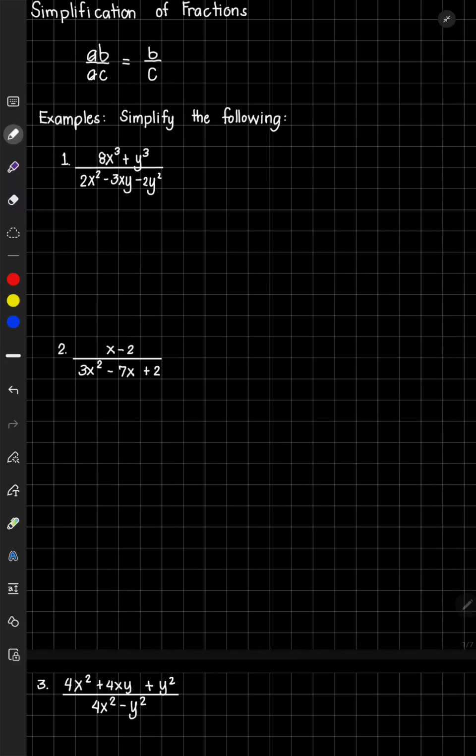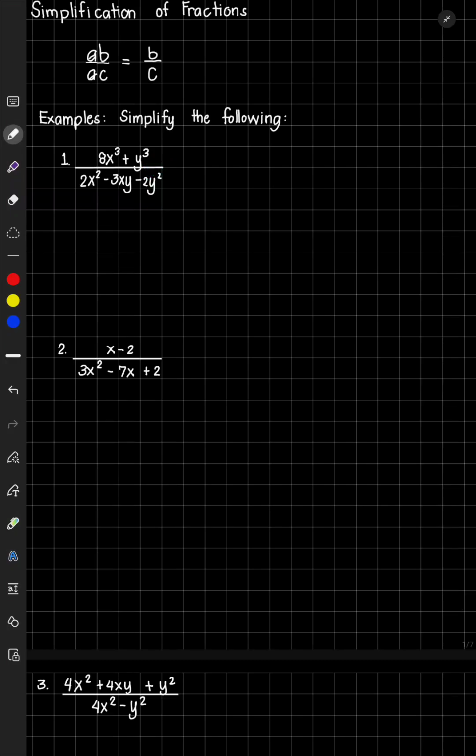If we apply that to our examples here, for number 1, we have 8x cubed plus y cubed divided by 2x squared minus 3xy minus 2y squared. We have to find first the factors of each polynomial.